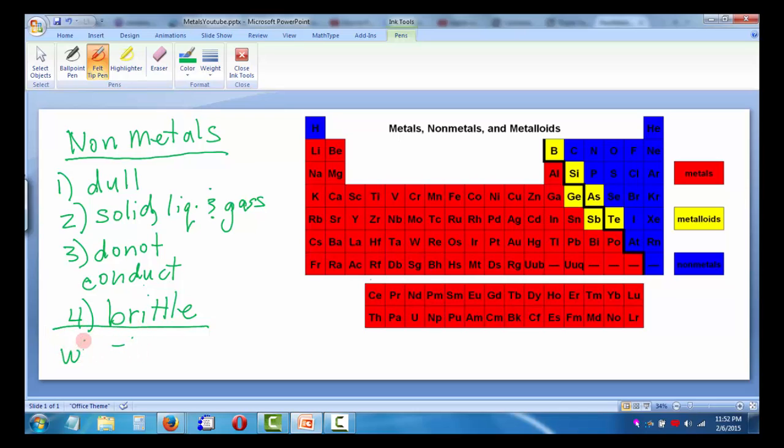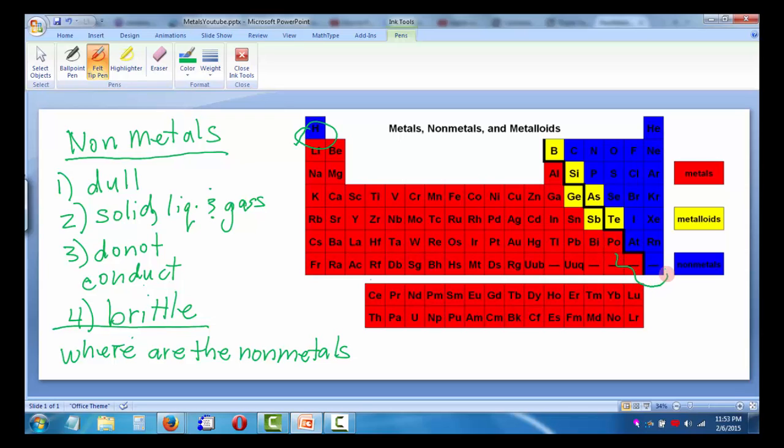so where are the non-metals? Well, in reference to the periodic table, even though hydrogen is to the left on the periodic table, it is a non-metal. Okay?